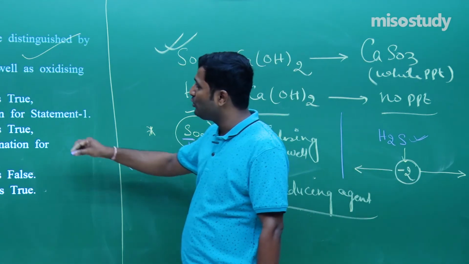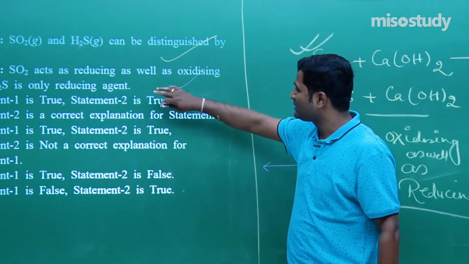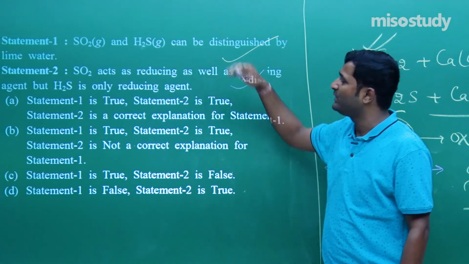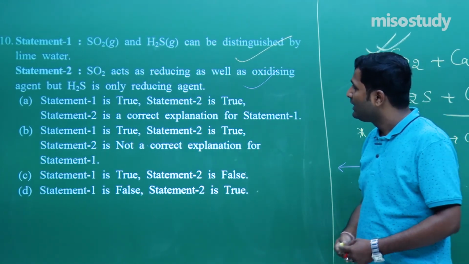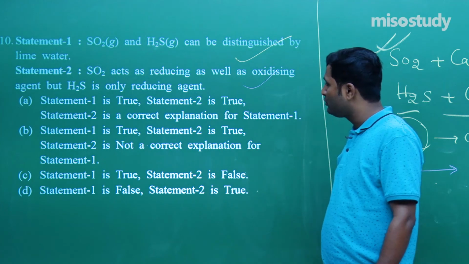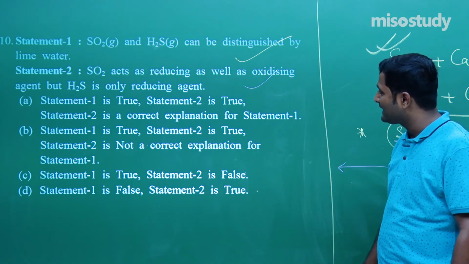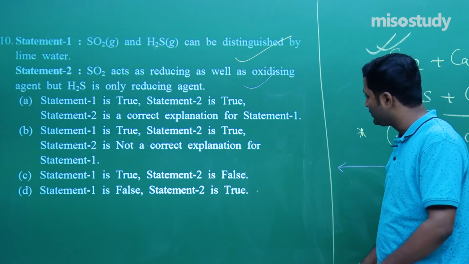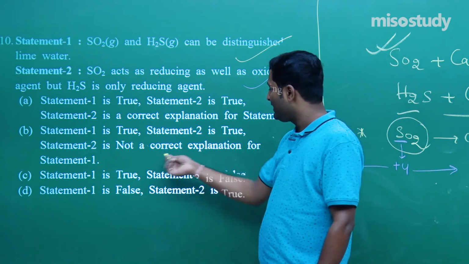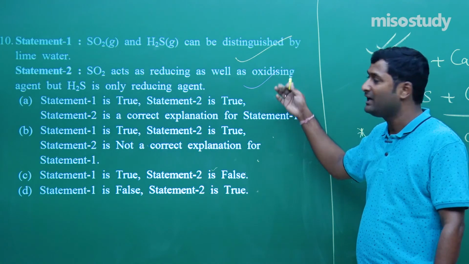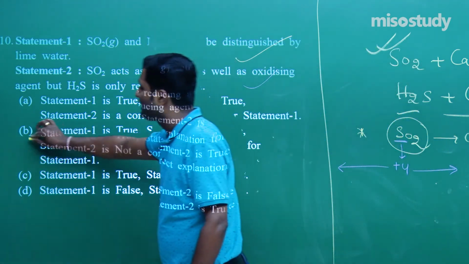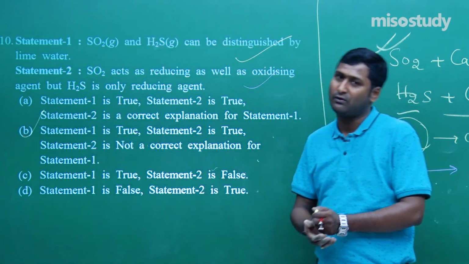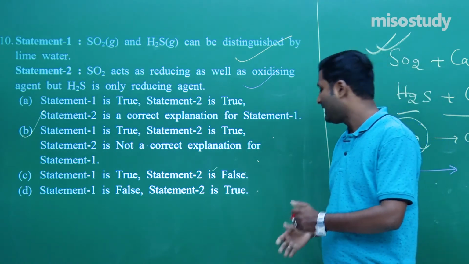So statement 2 is also correct, but there is no relation of statement 2 with statement 1. Statement 1 is true, statement 2 is true, but statement 2 is not a correct explanation of statement 1. There is no linkage. So B is the correct option. Clear to you? For question number 10, B is the correct option.